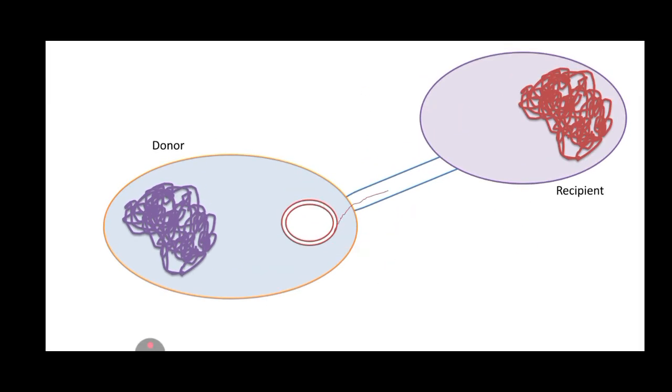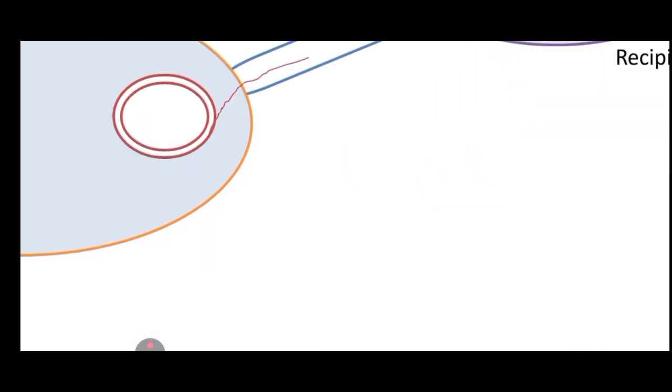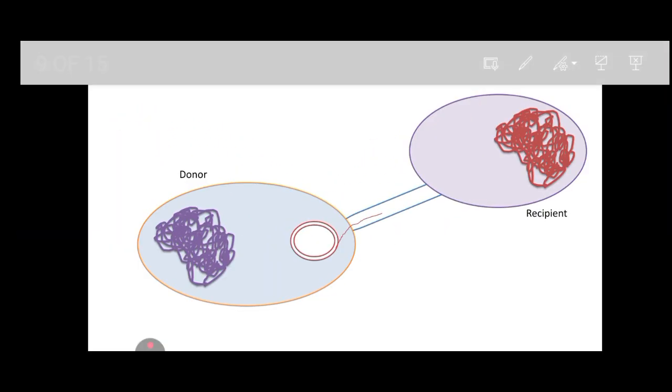So here you could see the presence of, I'll zoom the presentation, a small thread-like structure, right? This thread-like structure is called the copy of F plasmid, which is going to be transferred to the recipient cell, and this process is initiated by a gene called TRA genes.